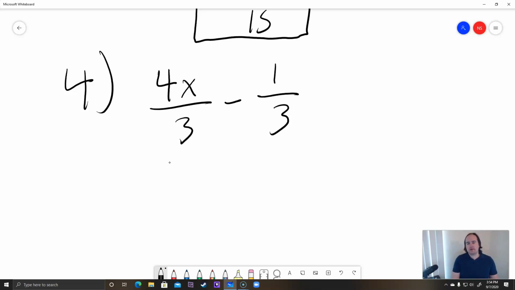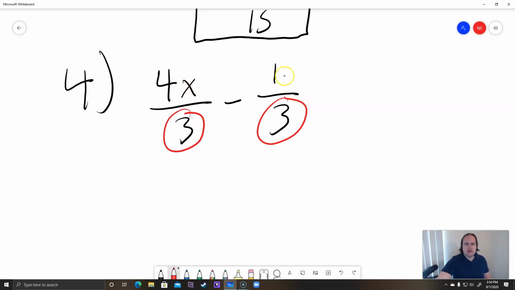Now with this one, these are like fractions, so they do have exactly the same denominator, but they're not like terms. Okay, so this term has an x, and this term doesn't have an x. So those aren't like terms. But what we can do is we can still subtract. It's just we can't combine like terms.